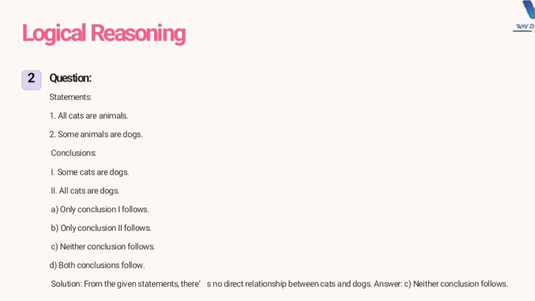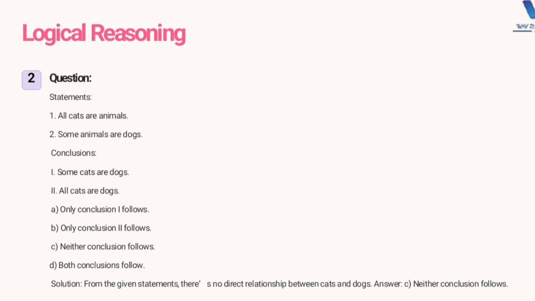Now, if you observe, as per the logical deduction 7 rules method or any other method which you know, for the given statements there is no direct relationship between cats and dogs. There are two parts: one is the subject and the other is the predicate.